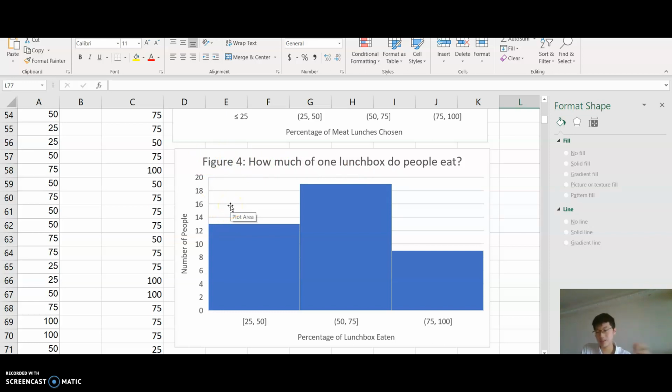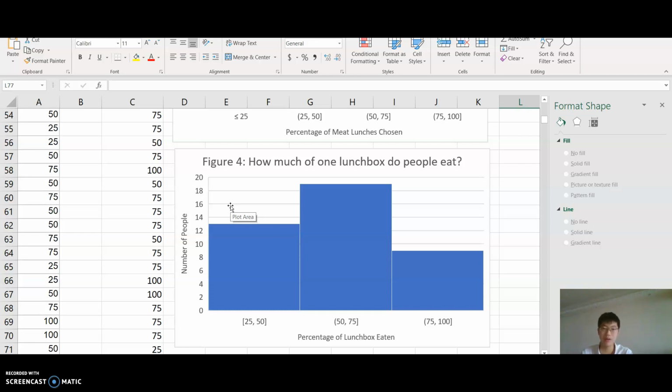Now let's take a closer look at figure 4. We can make some observations about this. We can look at it and say lots and lots of people actually eat around 75% of the food. That means there's a lot of people who still leave some food, so we're wasting quite a bit of food.